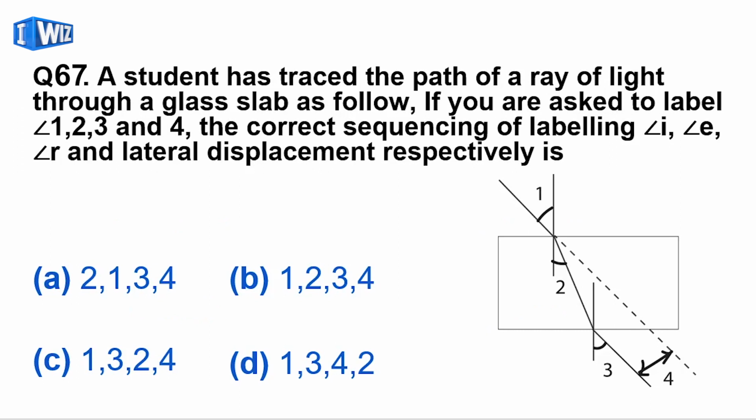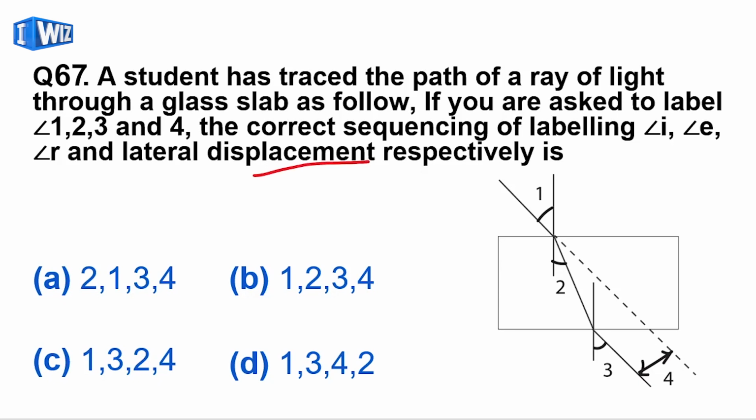Next, a student has traced the path of a ray of light through a glass slab as follows. If you are asked to label angles 1, 2, 3 and 4, the correct sequence of labeling angle i, which is angle of incidence, angle e, angle of emergence, angle r, and lateral displacement respectively.